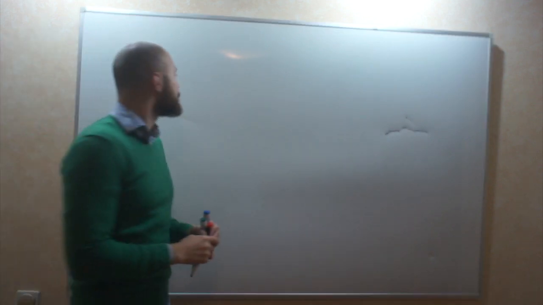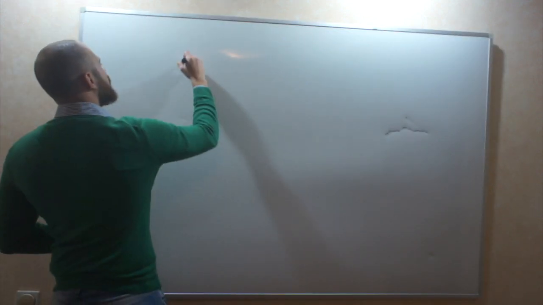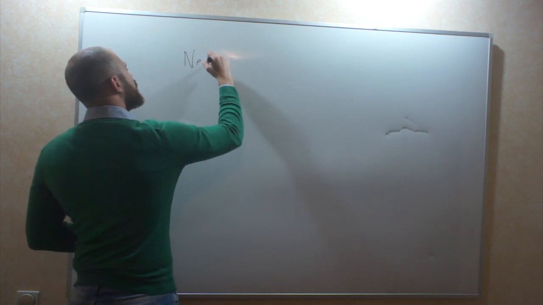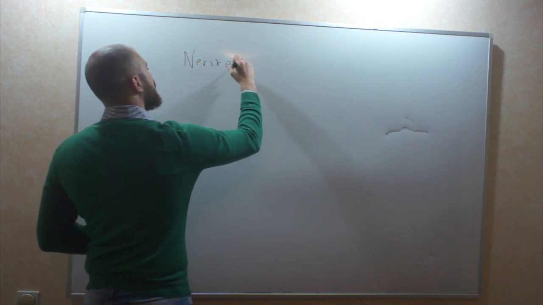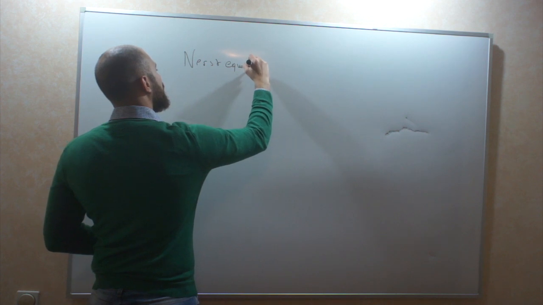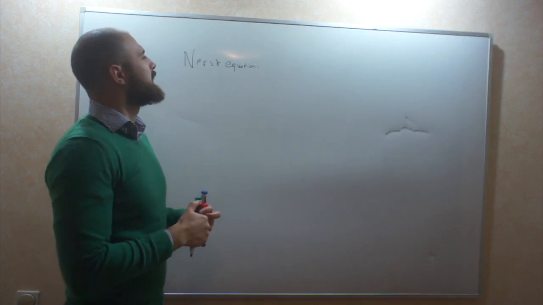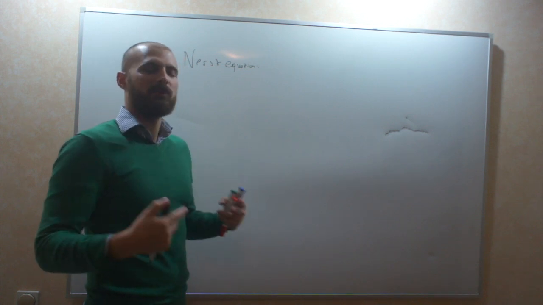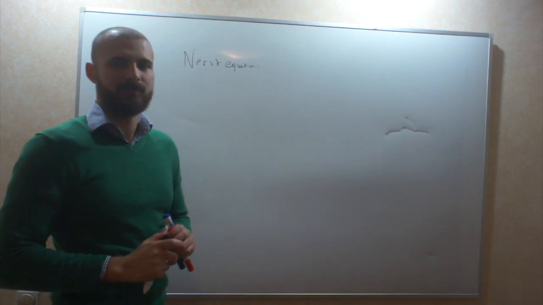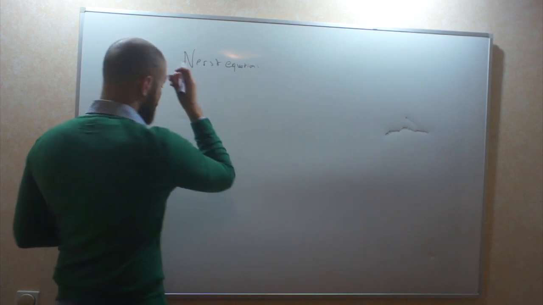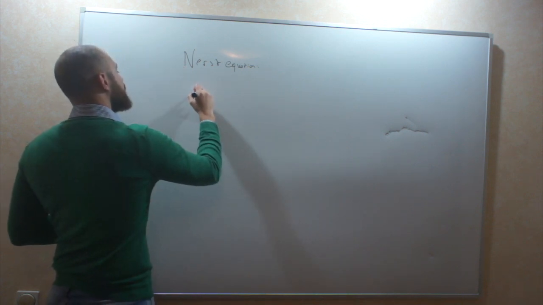Doesn't matter for now. So I was talking about the Nernst equation. What is this freaking Nernst equation? The Nernst equation is the equation that will calculate for us the resting membrane potential of an ion. So, the formula is this one.